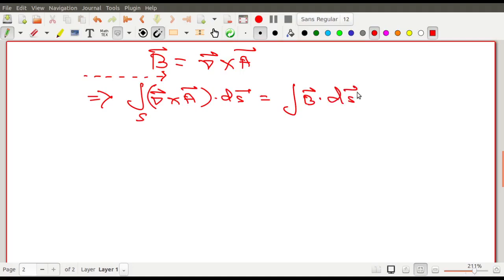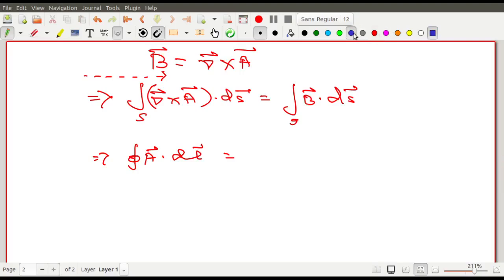Okay, that's fine. Here you just use the Stokes theorem, A dot dl, and this one now you should be very careful.